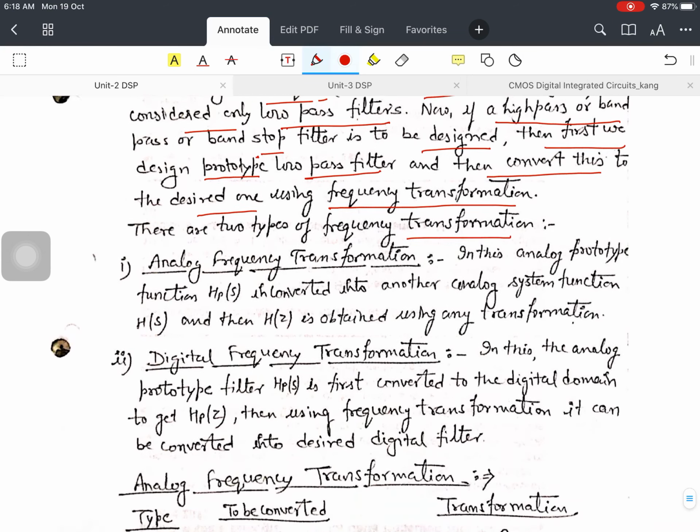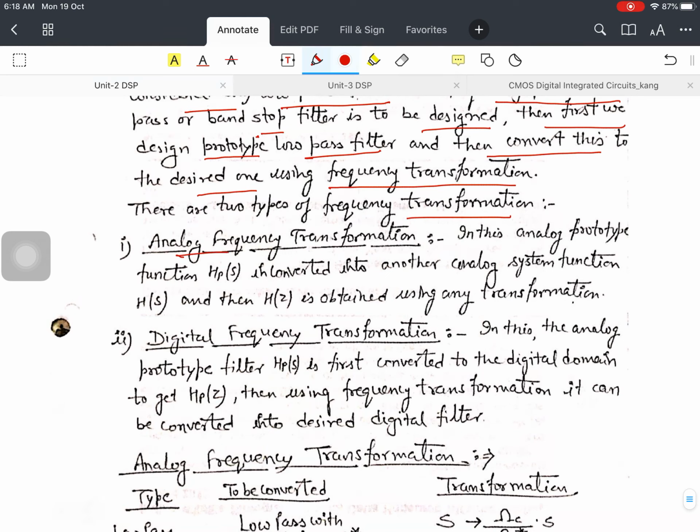The first one is the analog frequency transformation and the second one is the digital frequency transformation. If we talk about the first one, analog frequency transformation, in this the analog prototype function HP(s) is converted into another analog system function H(s), and then H(z) is obtained using any transformation, whether it can be bilinear transformation or impulse invariant transformation.